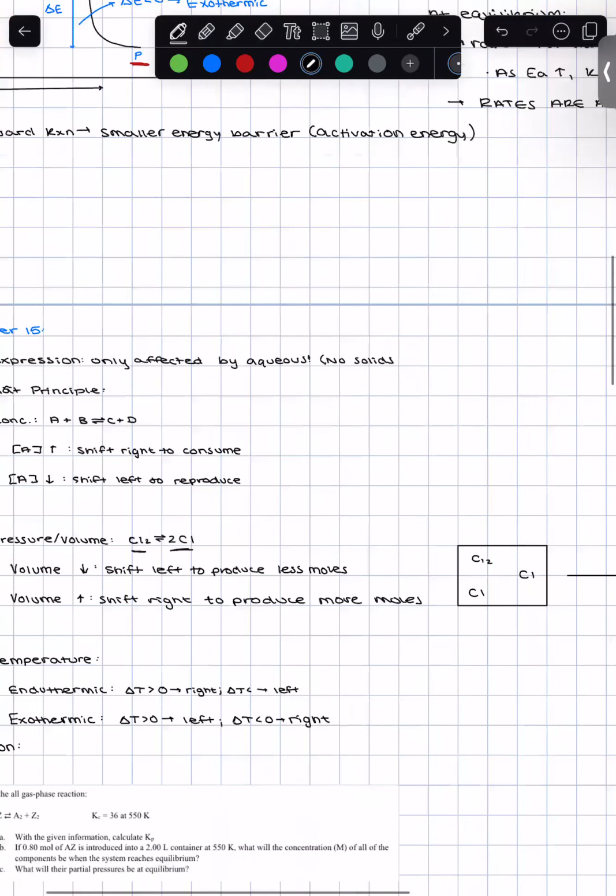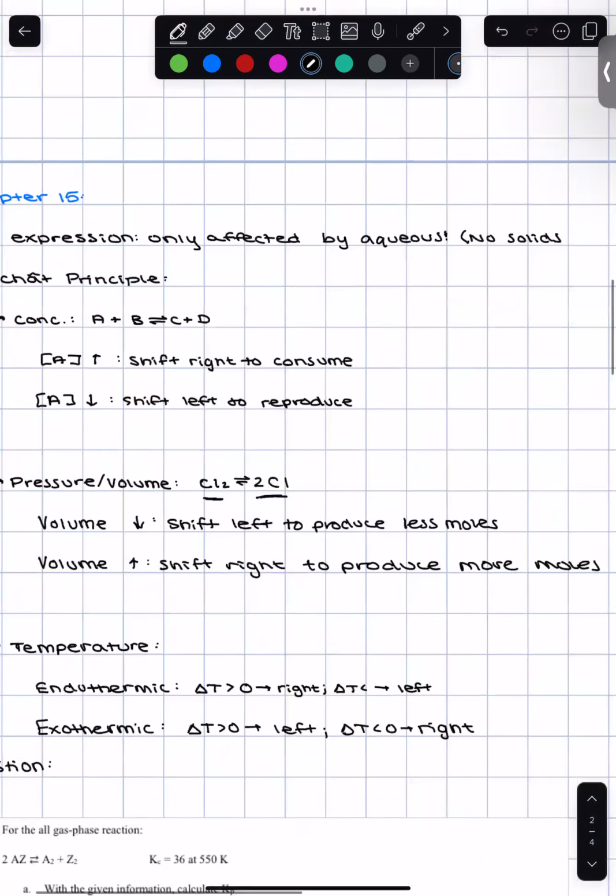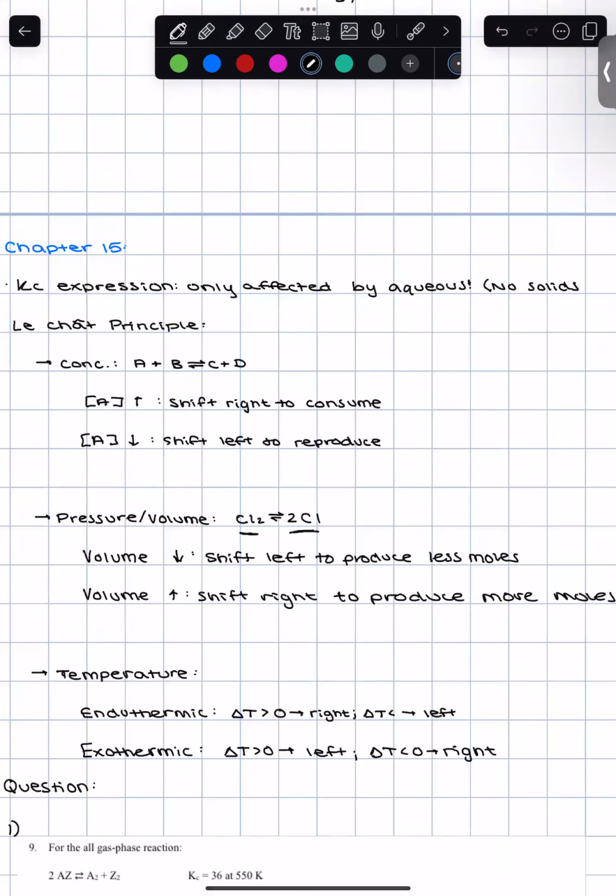And then for temperature, I kind of shorthanded this. So if we are endothermic, I always write it out like a concentration. That will just always be easier.